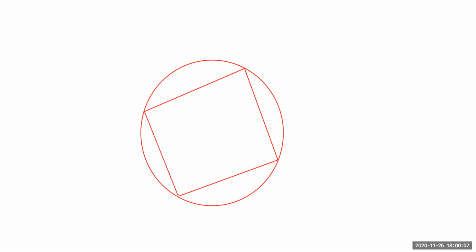So the rule is that opposite angles in a cyclic quadrilateral are supplementary, which means that they add up to 180 degrees. The opposite angles are like this. If here is 80 degrees, then this angle across here will be 100, because in a cyclic quadrilateral, the opposite angles add up to 180 degrees. So this is theorem 3.